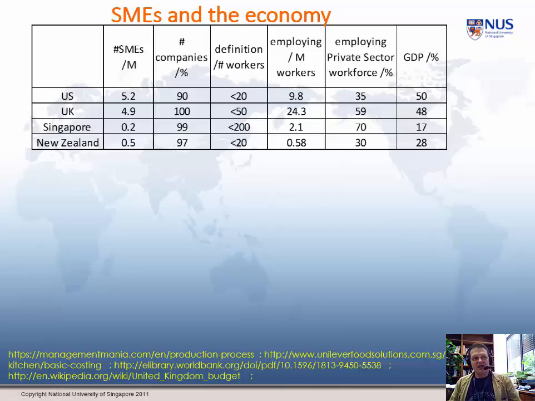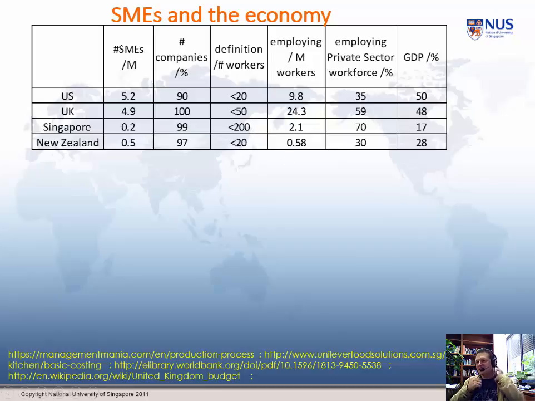Now, how these jurisdictions define small varies, and it's not really very important. In New Zealand and the US, anything of less than 20 employees is an SME. In the UK, it's less than 50, and in Singapore, it's less than 200.